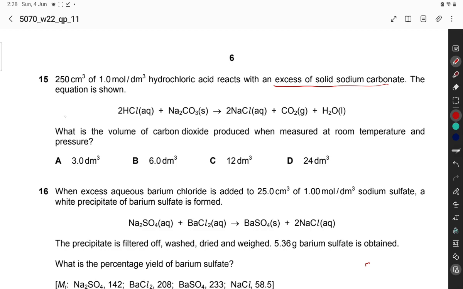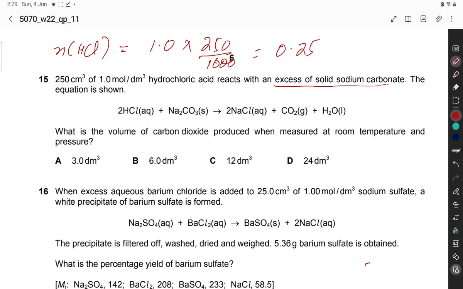So first find out the moles of hydrochloric acid. HCl is equal to 1 into 250 divided by 1000. So the answer is 0.25 moles.